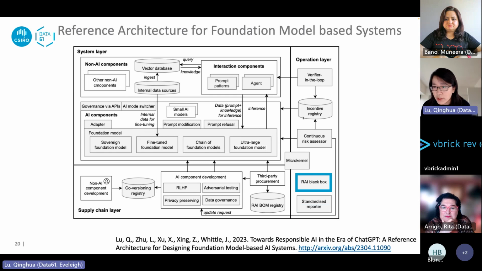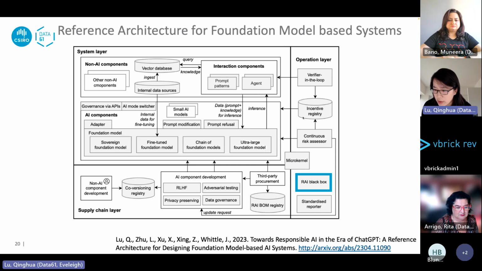For example, for the operation layer, we have a responsible AI black box. So it can record the critical information or data at runtime. For example, we can record the input or output of the vector database. So later we can use the data recorded by the black box to identify liability if some incidents happen.